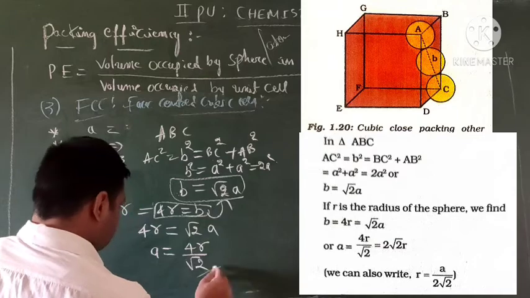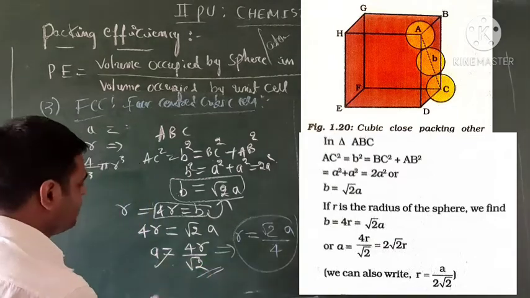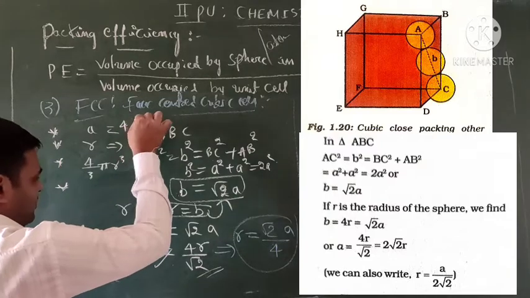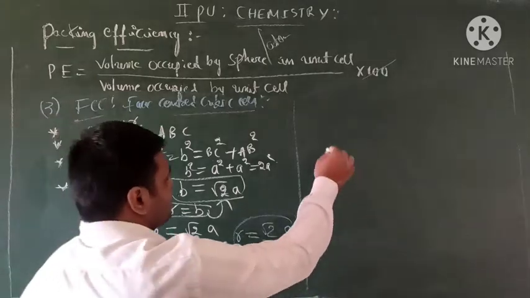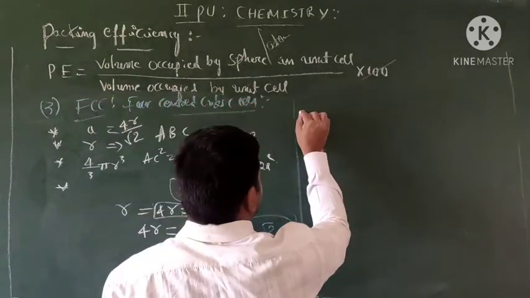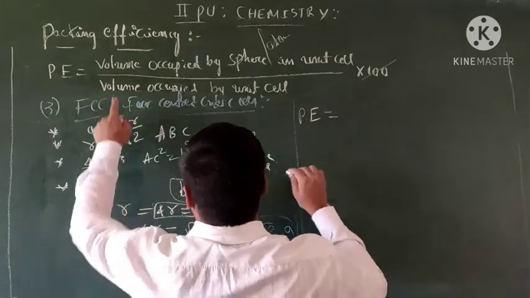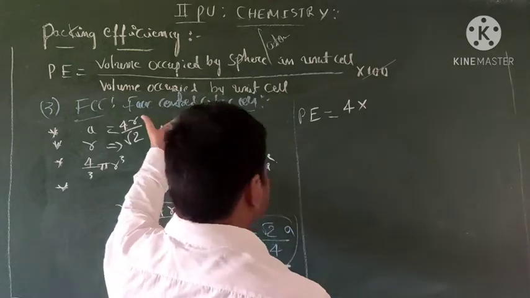Okay, this is about A values. Okay, students, this is A. How much is the A value? 4R by root 2. Okay, so according to packing efficiency, volume occupied by the sphere, packing efficiency is what? The number of atoms is 4 because of BCC.